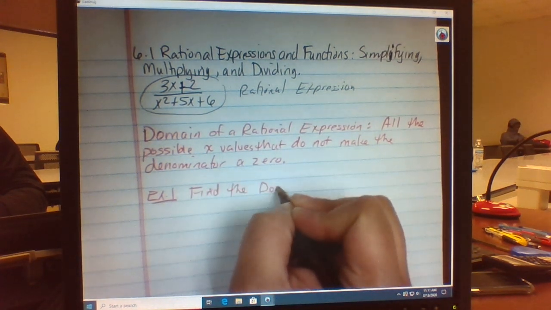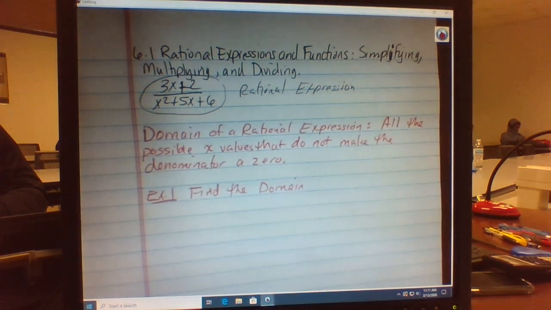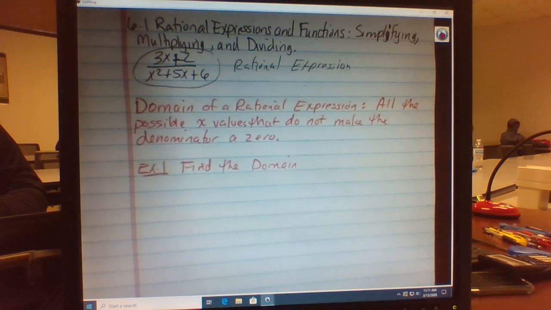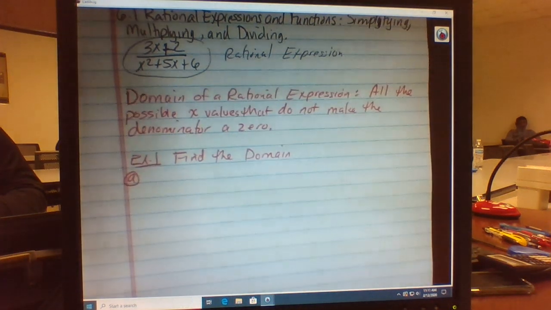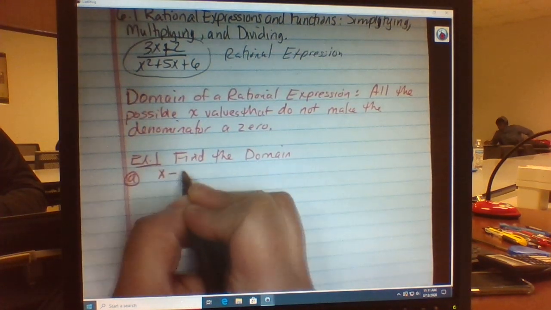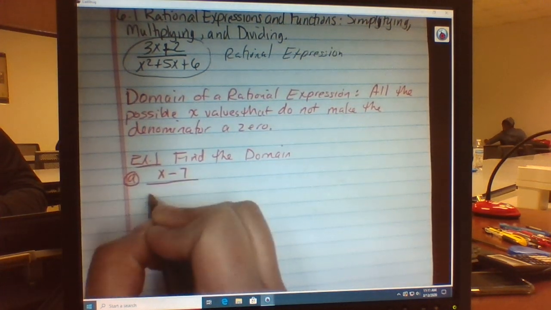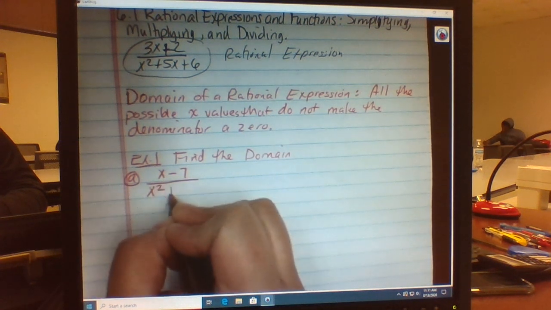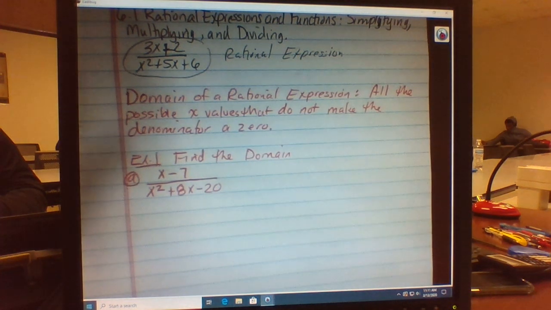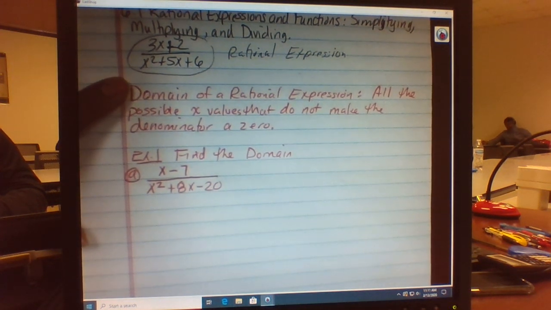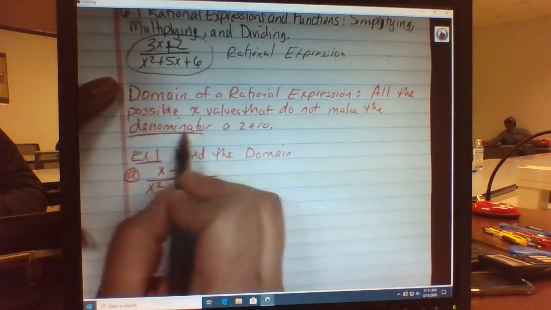So in the first example, we have to find the domain. And I only have one problem I'm doing with you, and one that you have to do on your own. But if you think after two it's not good enough, then please ask for another one. They're going to give you a problem that looks like this. The only part that we are concerned with, according to the definition of finding the domain, is your denominator.